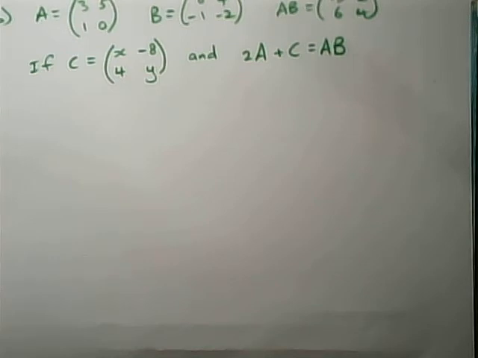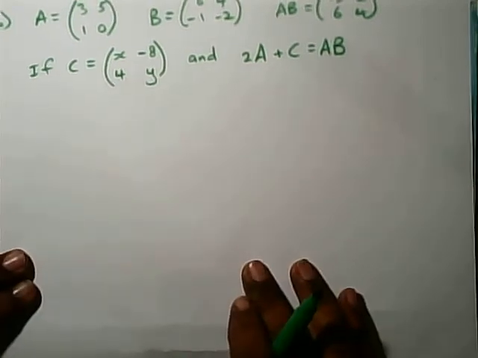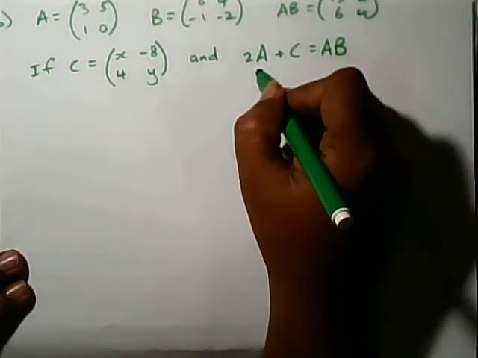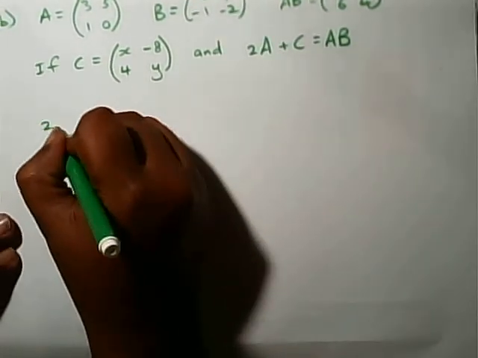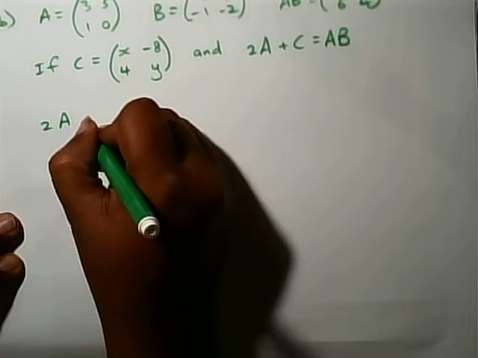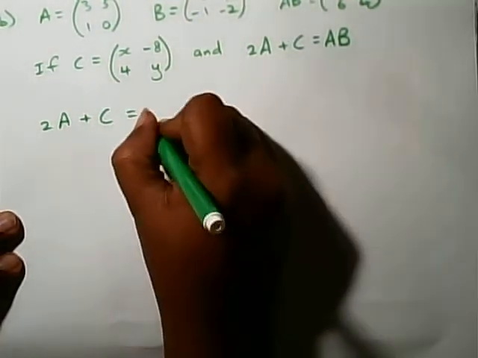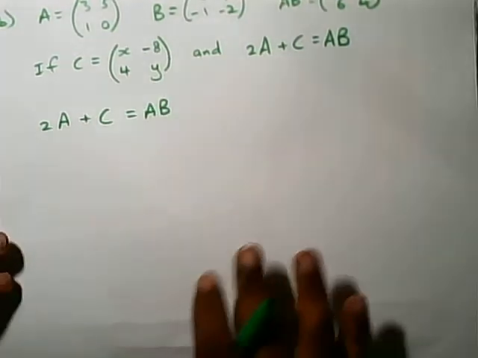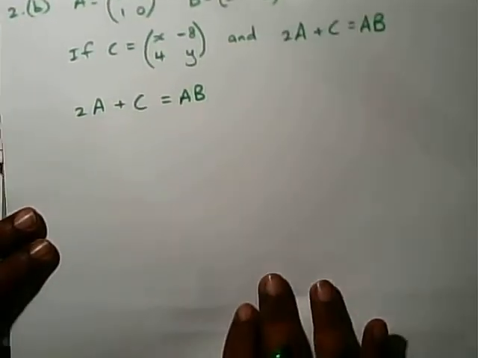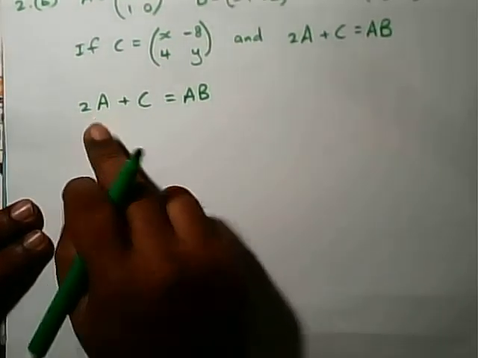Okay, so I'll explain what we do. Let's work out 2A plus C equals AB. Let's simplify this. What is 2A?